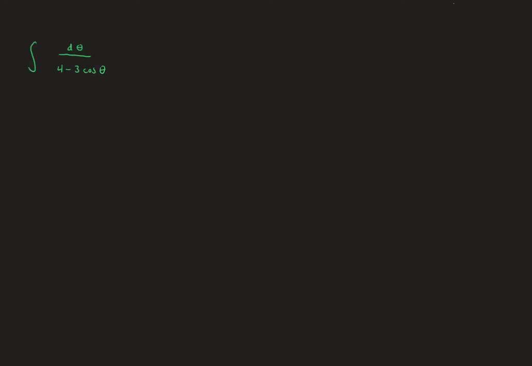So our substitution here is going to be that the cosine of theta is going to be 1 minus u squared over 1 plus u squared, and our d theta is going to be 2 du over 1 plus u squared.